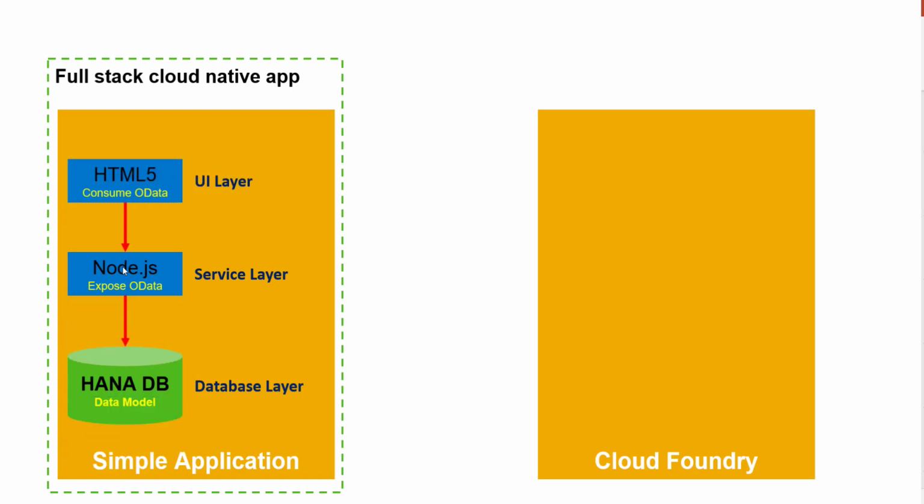Then we can build the UI layer in any framework that we want. More than likely we'll use Fiori Elements or some kind of SAP UI5, or we could also use React, Angular, or Vue.js.